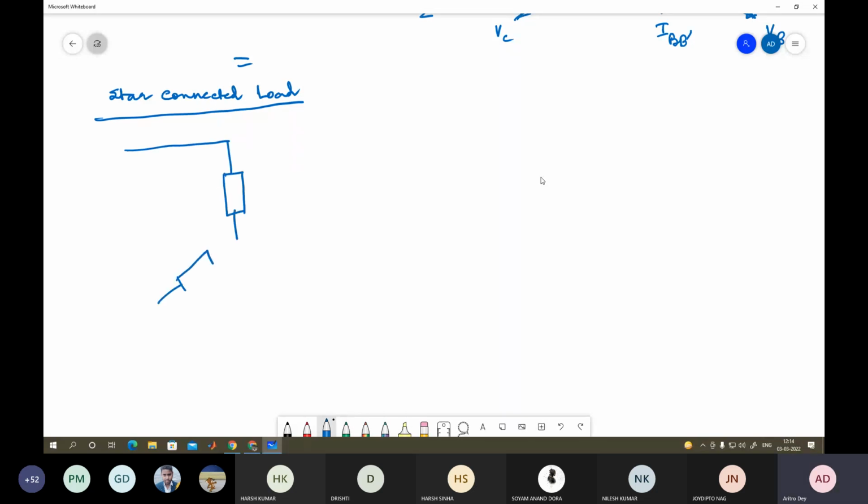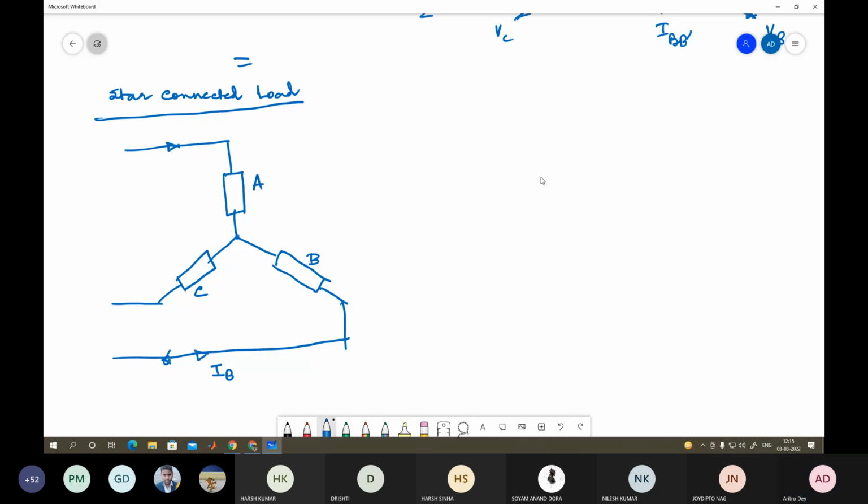So I am not drawing the alternator side. I'll just connect this load terminal, which is your phase A. This is B. This is C. So this is your IA, IB, and IC.